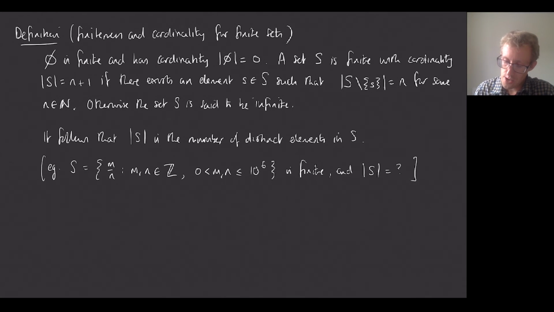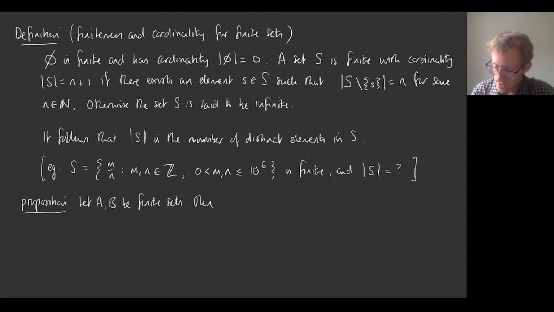Okay, so on the problem sheet, you're going to have to prove a proposition using this definition. The proposition is that we let A and B be finite sets. Then the cardinality of their union is equal to the sum of their individual cardinalities minus the cardinality of their intersection.